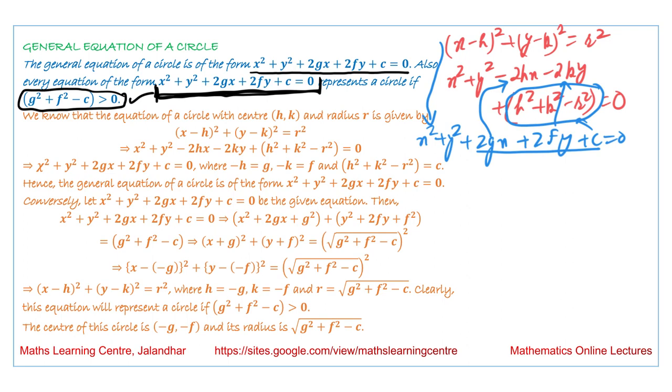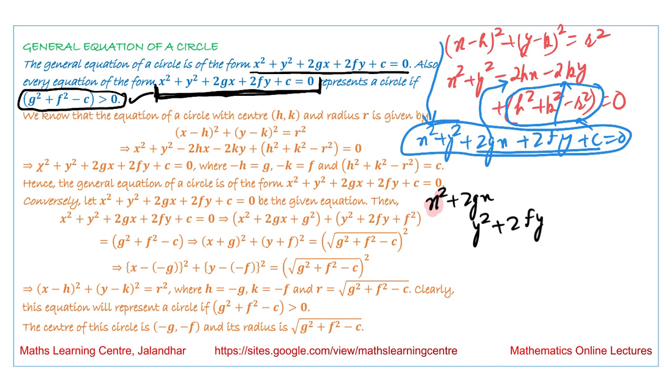If we talk about the converse part, where this equation is given to us, we can write it in the form x² + 2gx, then y² + 2fy.